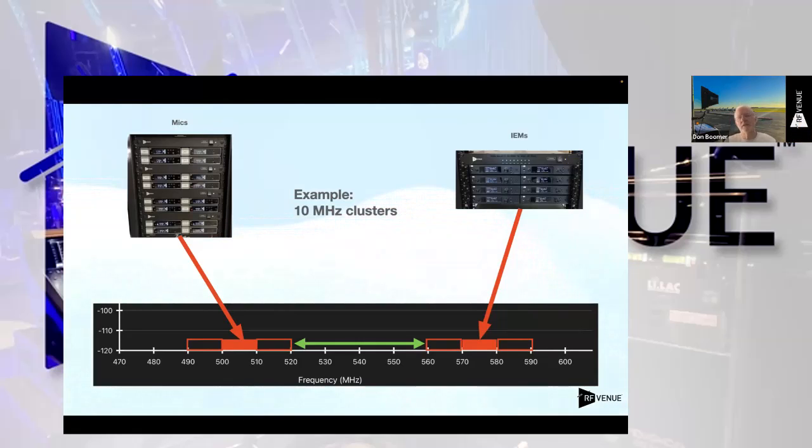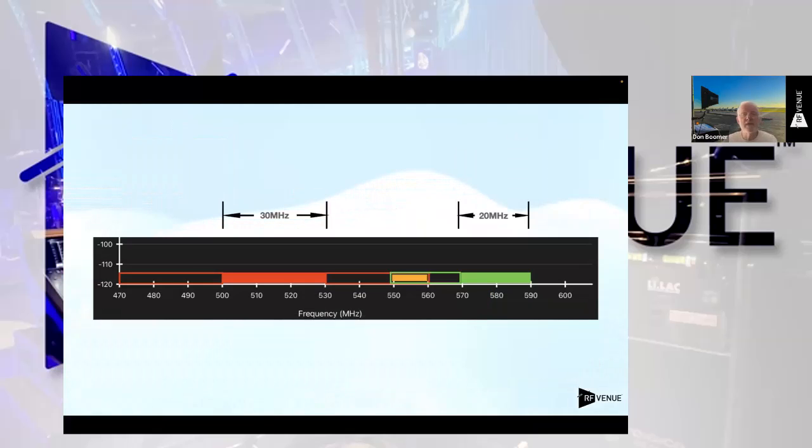You just treat it that way. So if I had to tune all my mics between 500 and 530, then I'm adding 30 megahertz above and 30 below where I'm actually tuning. So I'm really using the whole band from 470 to 560.